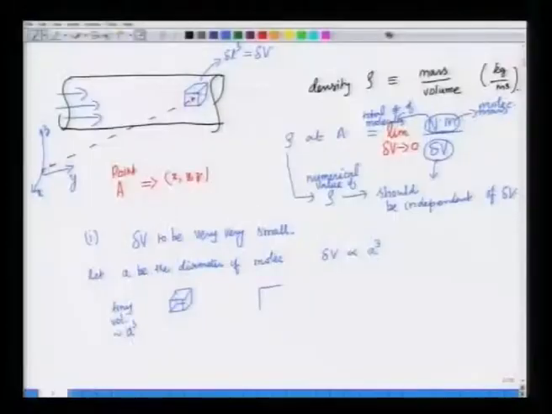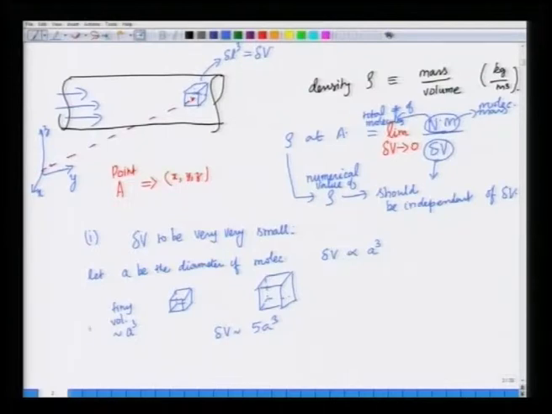This is true even if the volume size is slightly larger, let us say 5 times the molecular diameter, just for the sake of argument. If delta V is proportional to 5 times A cube, even so, the number of molecules that are present here could be either one molecule or no molecule.